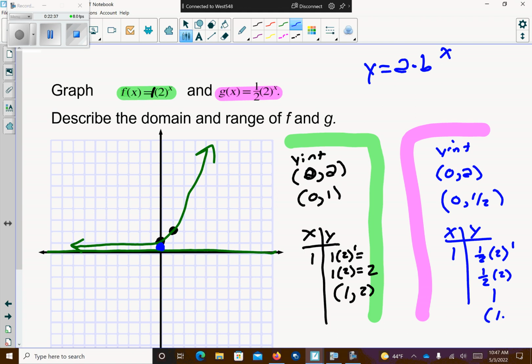So this is going to give me the point 1 comma 1. This other graph is going to kind of look like this. The domain and range of both of these is going to be the same. The domain is going to be negative to positive infinity. My range is going to be 0 to infinity. It's going up.